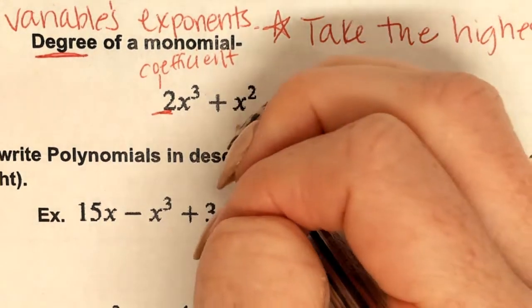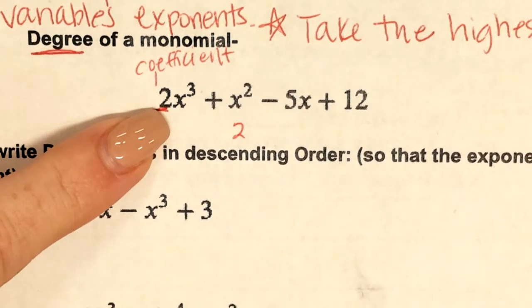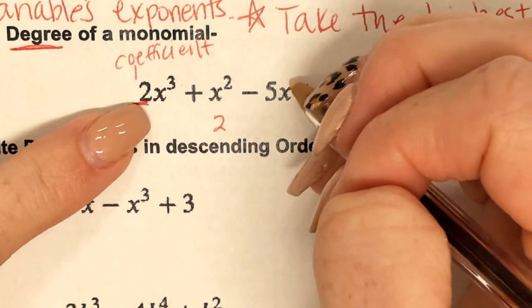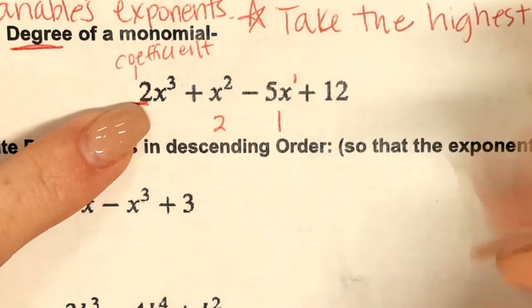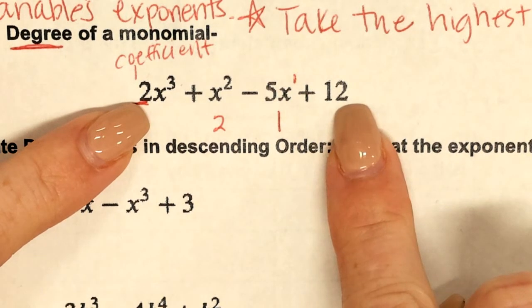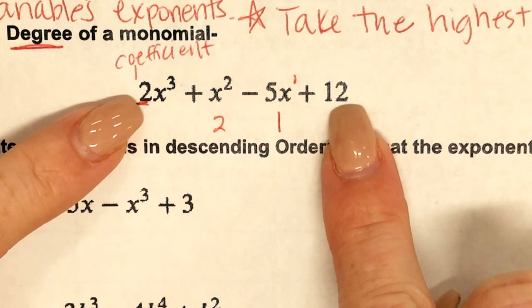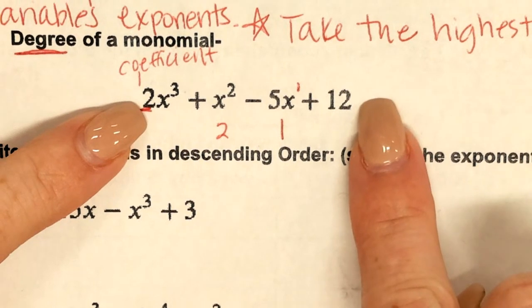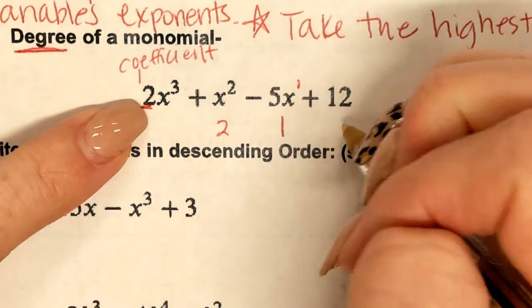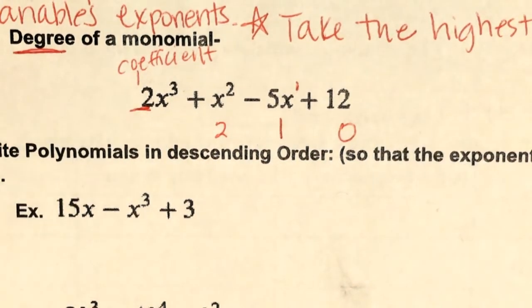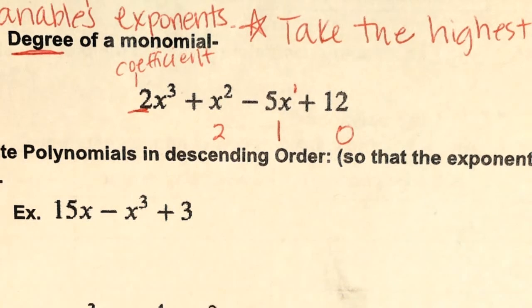Okay, I'm going to write that right here. Don't write the 3 because I'm going to change it in just a second. What is this term's power? 1. And what is this term's power? The 12 has an exponent of 1, but do we look at the coefficient or only the variable? So if I had a variable here, what would its exponent be? No, it would be 0 because it doesn't exist, right? It doesn't exist. All right.